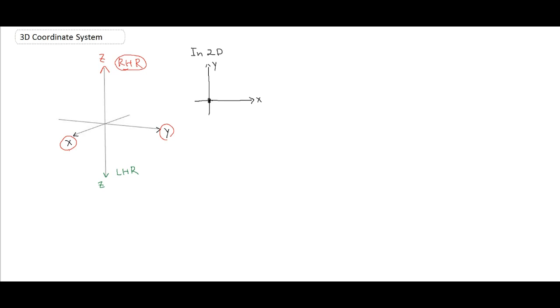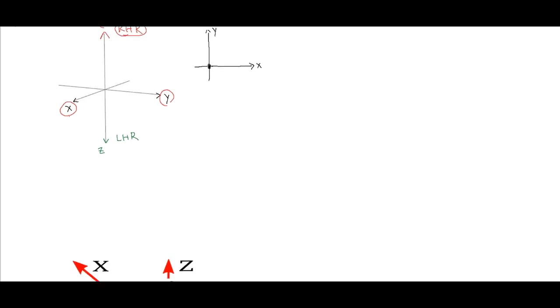Okay, so now that we know how to draw the three-dimensional coordinate system, let's talk a little bit more about the system here. Suppose that in this picture, over here is my x-axis, and this is my y-axis, and the vertical axis right here is my z-axis, and you can see that this is in accordance with the right-hand rule.